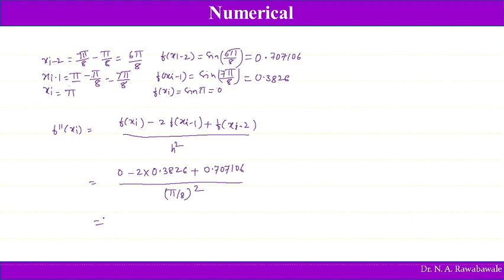So this is going to be 0. Second derivative is going to be 0 here. Again error exists, so again here error is going to be 100%. Okay. Now we'll move to the next numerical, and there we'll verify these things again.